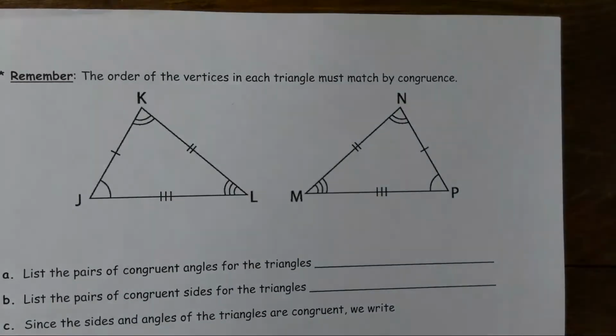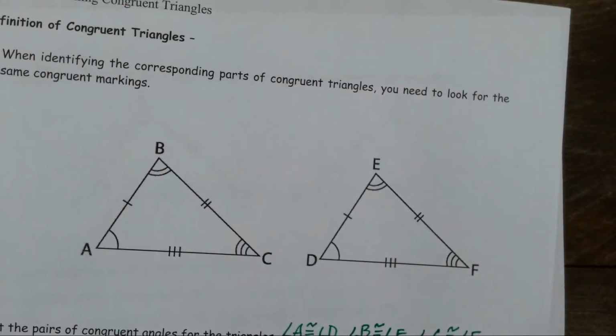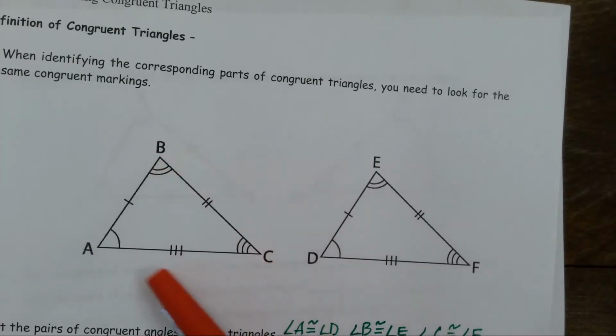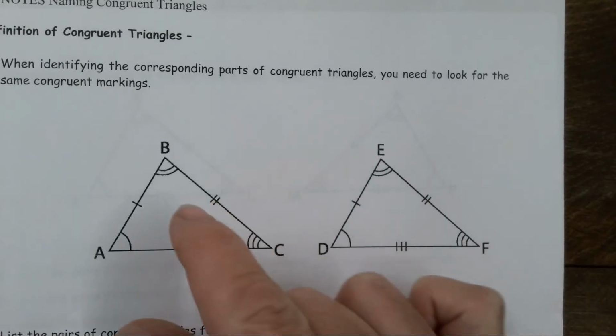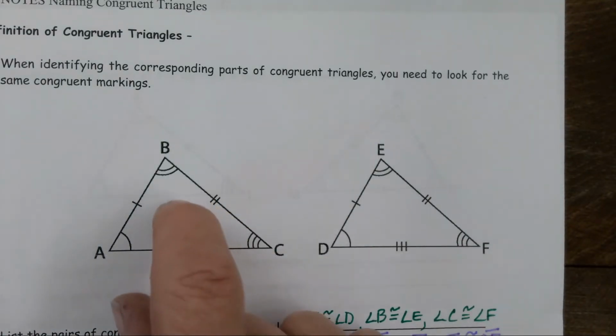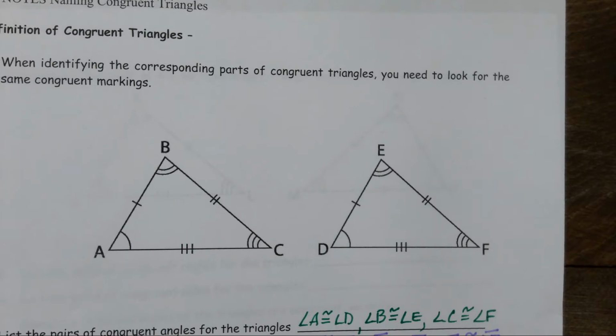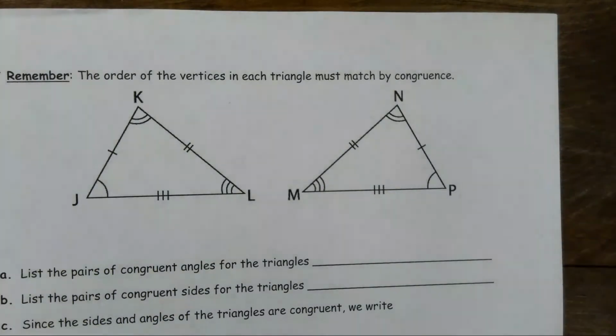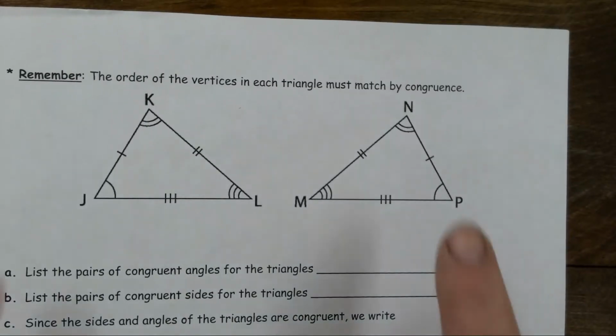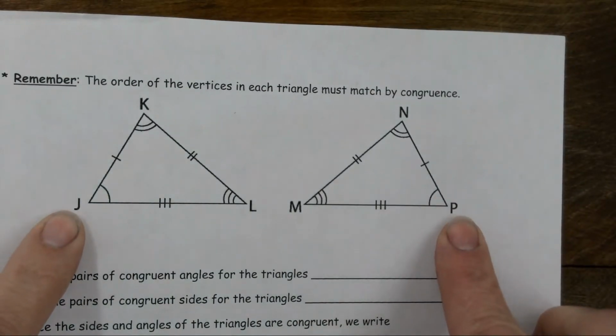So it's not always going to be facing the same way like our first two, where you could actually pick the second triangle up and put it right on top of the first one and they would match completely, because that's what congruent triangles are. Sometimes your pictures are going to be flipped a little. And so that's what's going on here. But how we work it doesn't change. Just make sure that you match up the symbols appropriately.